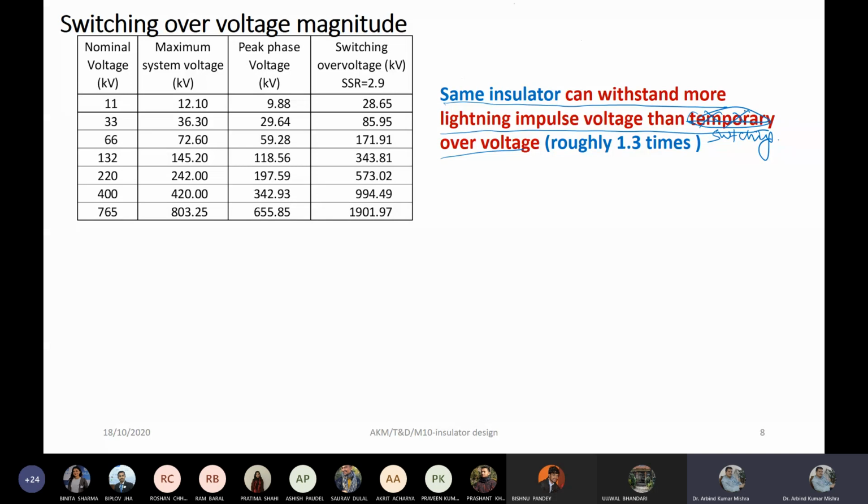It is also true for temporary overvoltage, but this is not true in that case. This 1.3 is for switching overvoltage.